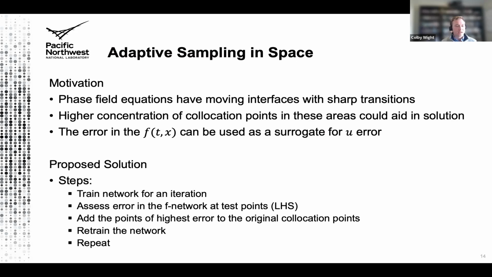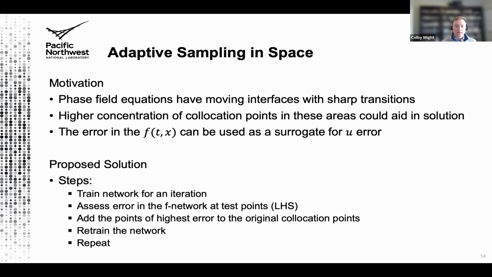And this wasn't necessarily anything new, right? Adaptive mesh refinement methods have been used in classical numerical analysis for a while. But we were able to lean on some of these techniques to help solve these problems.